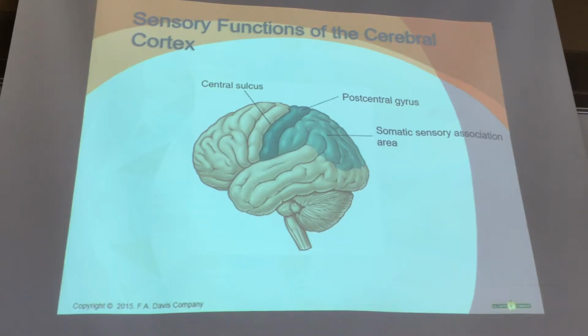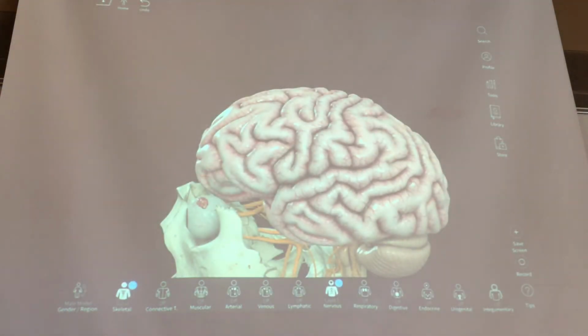Go to brain. Here we go. Perfect. Okay. So we're going to talk about those prominent gyri that are before and after that central sulcus. So let me turn you back on here. Okay.